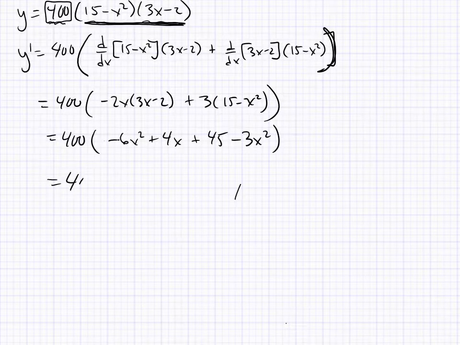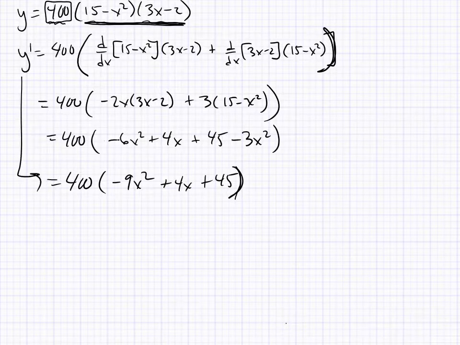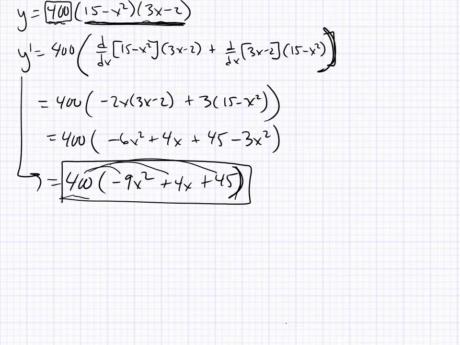So then I get 400 times negative 9x squared plus 4x plus 45. And so that's my derivative. Now, if you want, you can then additionally multiply the 400 in now, or you could leave the 400 out as a constant multiple. It really doesn't matter. This answer would be more than acceptable.